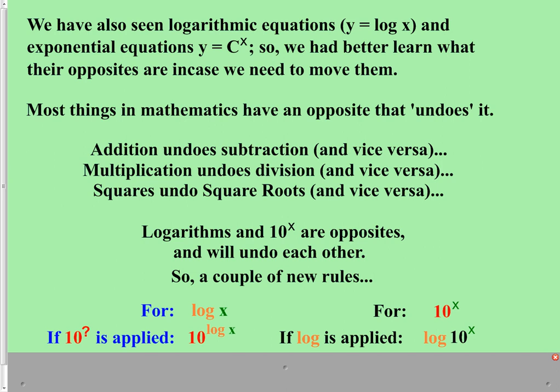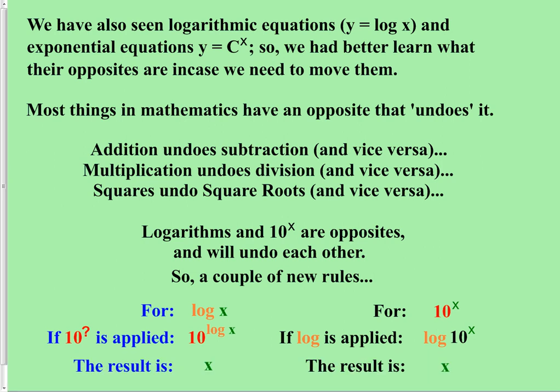When you do these, 10 to the log and log of base 10, these are natural enemies of each other. They cancel each other inside of a problem, and the result is that only the argument, as it's called, is left. Log of x, x was the argument, only x remains.